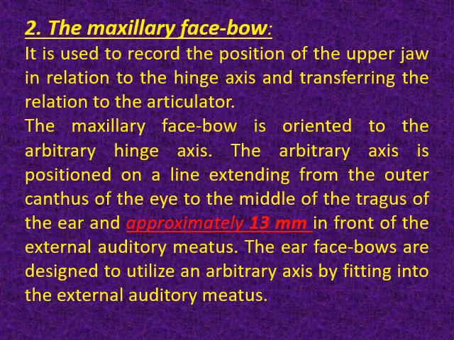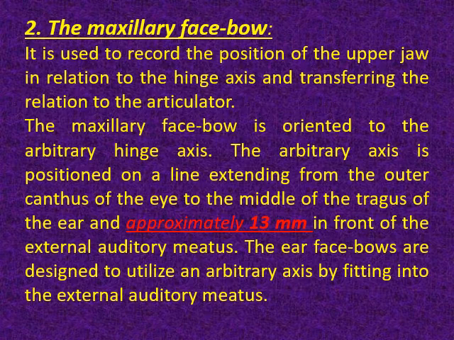For the second type, maxillary face bow, it is used to record the position of the upper jaw in relation to the hinge axis and transfer the relation to the articulator. The maxillary face bow is oriented to the arbitrary hinge axis.